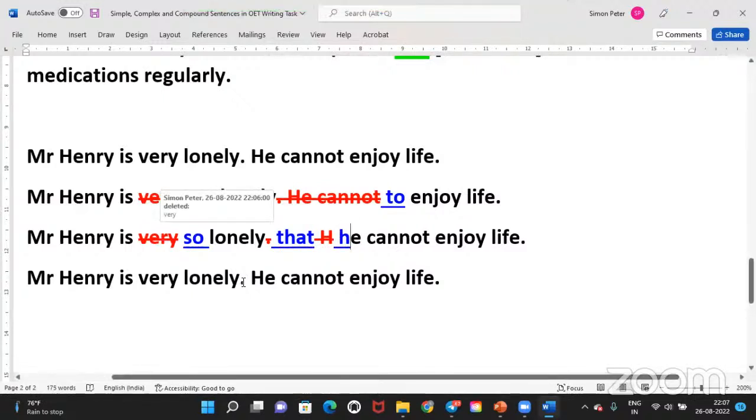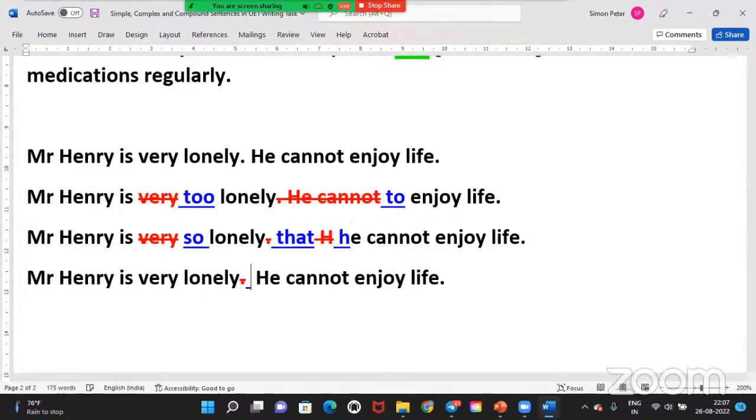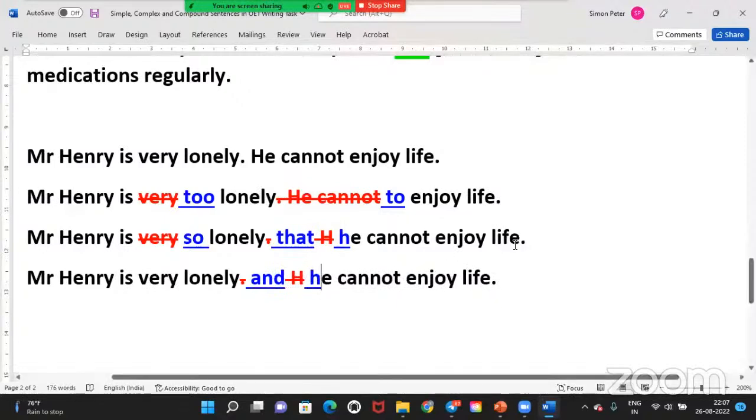And compound sentence. Mr. Henry is very lonely and he cannot enjoy life.